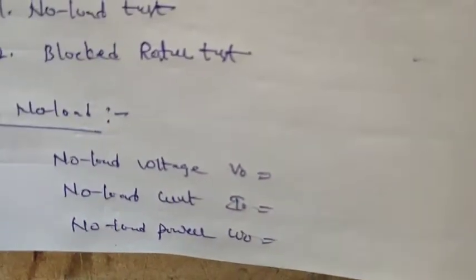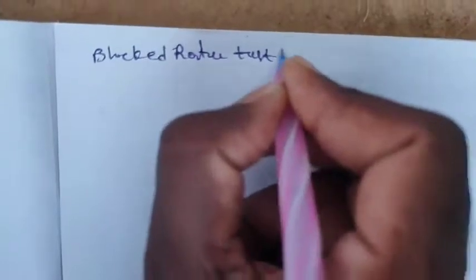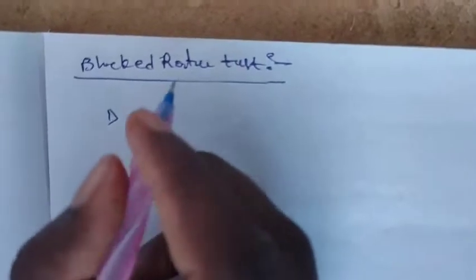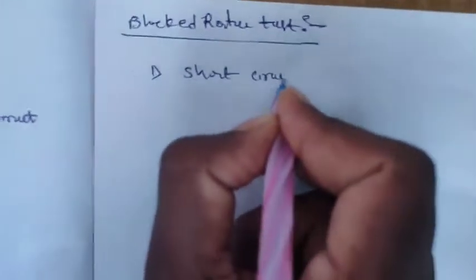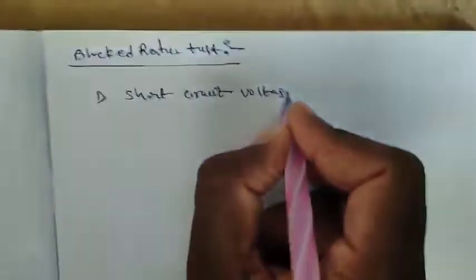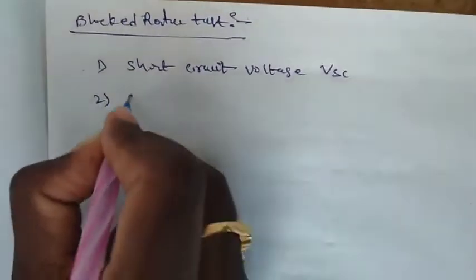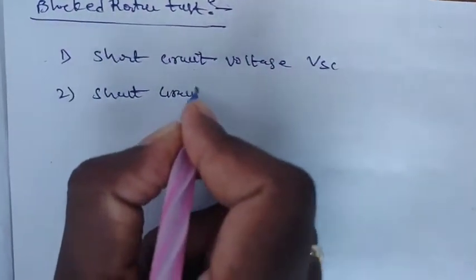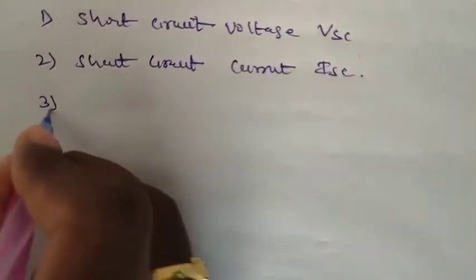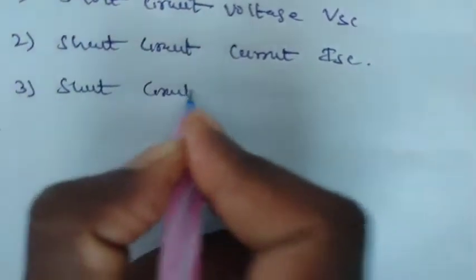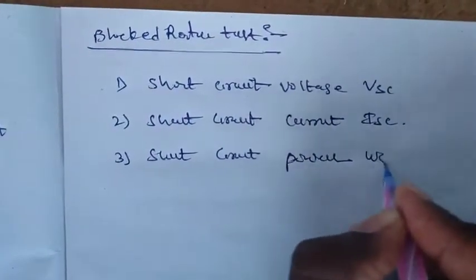From the blocked rotor test, we require the following data: short circuit voltage VSC, short circuit current ISC, and short circuit power WSC.